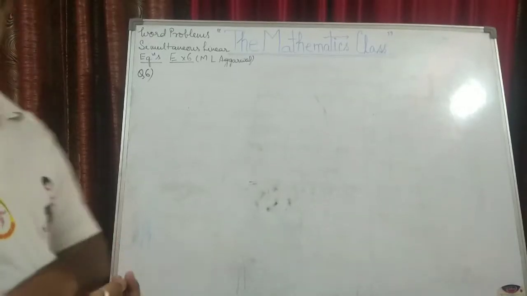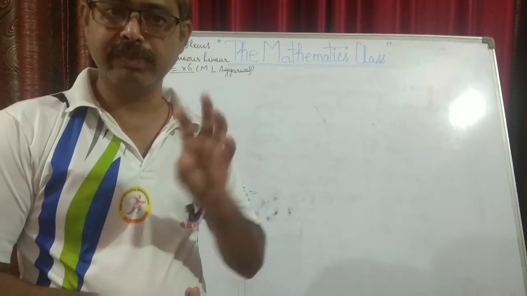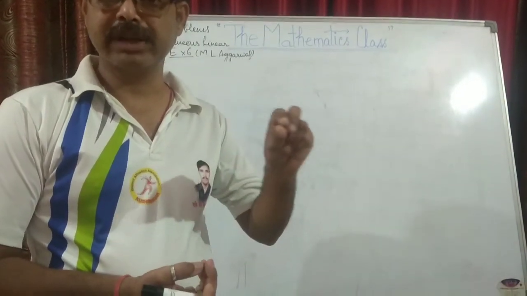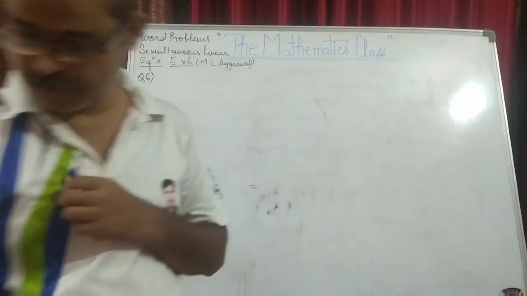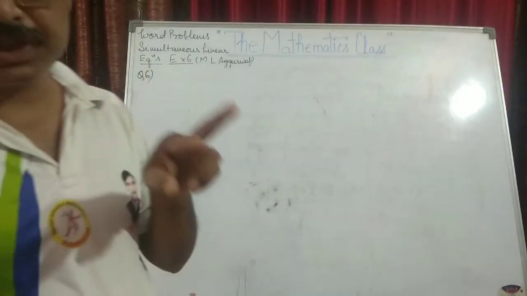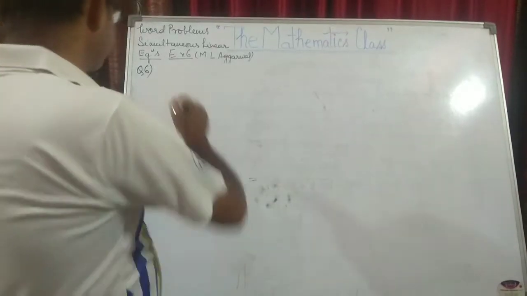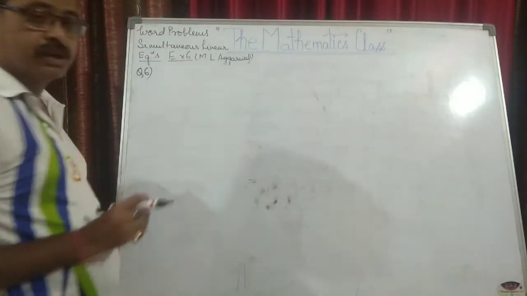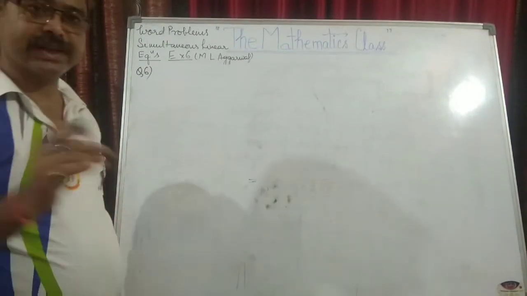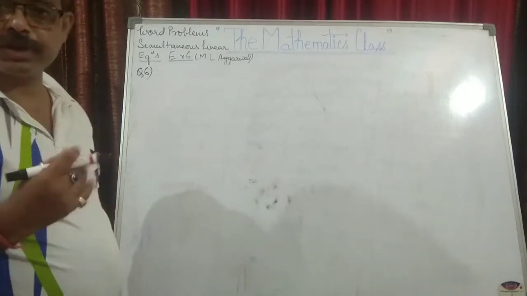Now 6th question, I will read it out and I will try to make it in a mathematical equation. They say, first of all, if from twice the greater of two numbers 16 is subtracted. So first of all, let us assume that there are two numbers x and y in which x is greater than y.